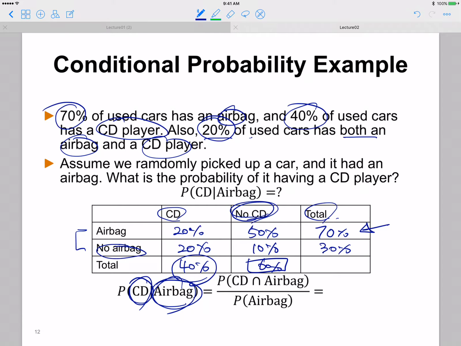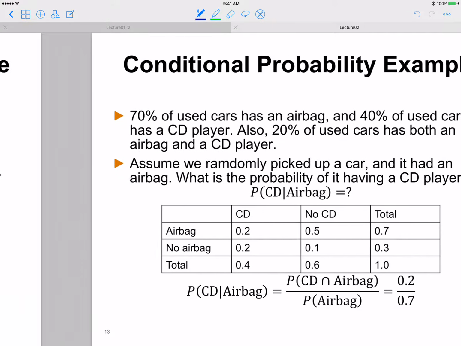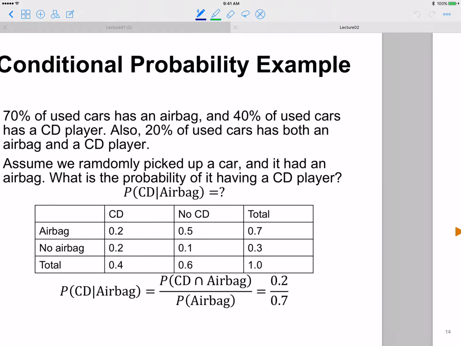So we consider only those cars that have an airbag, and among them, only 20% have both the airbag and the CD player. So it's 20% over 70%. This is how we compute this conditional probability.